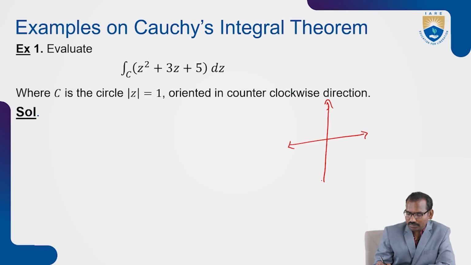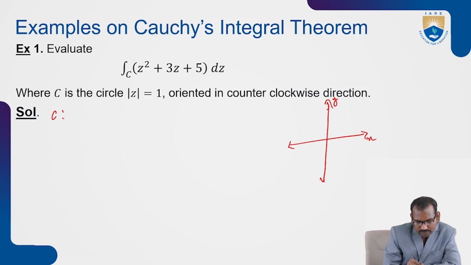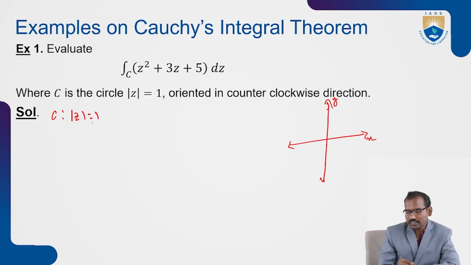Here I am taking the complex plane. In the complex plane, the horizontal axis is denoted by x and the vertical axis by y. So this is mod z equals 1. Here c is mod z equals 1, which is a circle whose center is at 0.